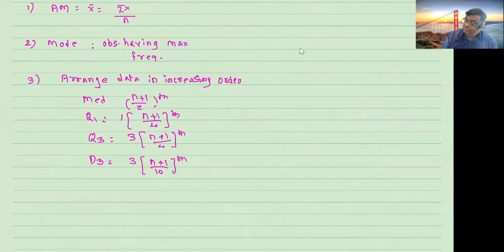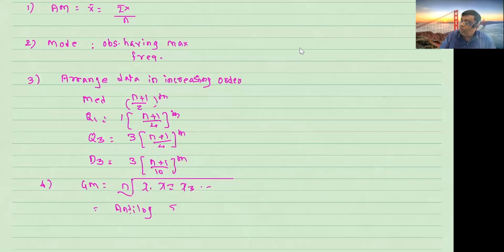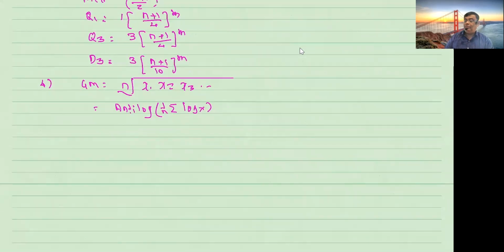Then remember, arithmetic mean is take total upon n, but geometric mean is the nth root of product, x1 into x2 into x3, etc. But for theory question, you can understand that this is antilog of average of log x, meaning take total of log x upon n.